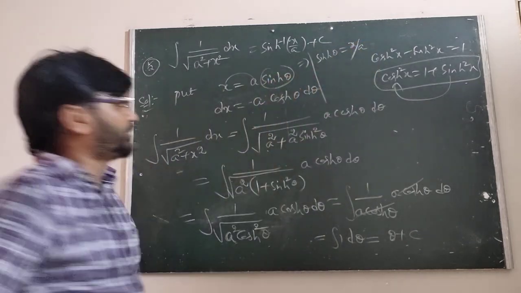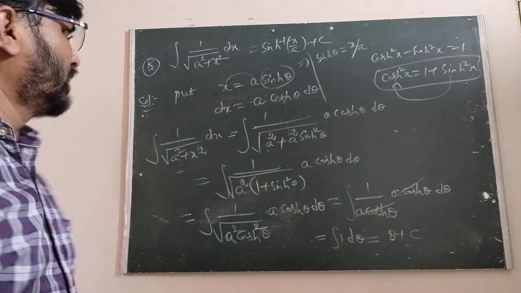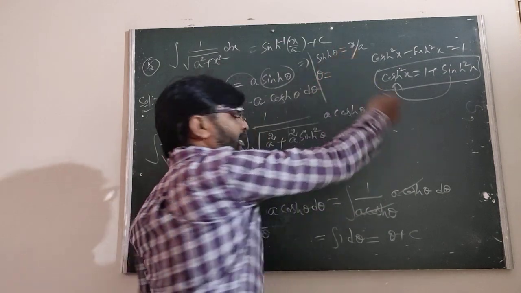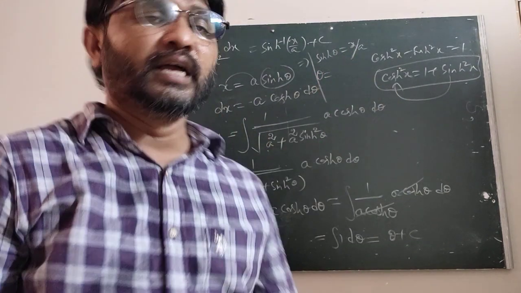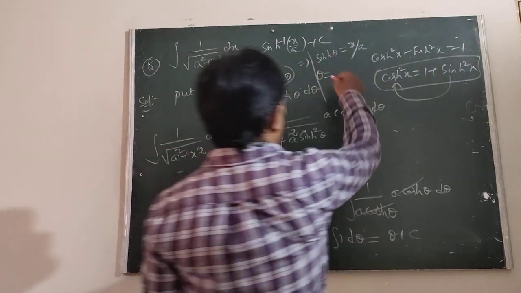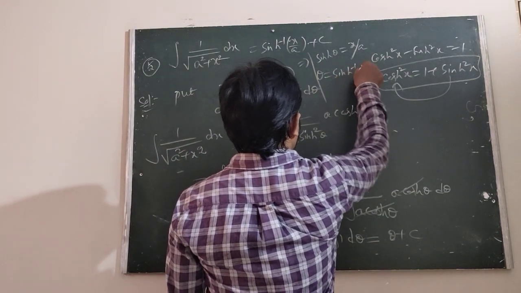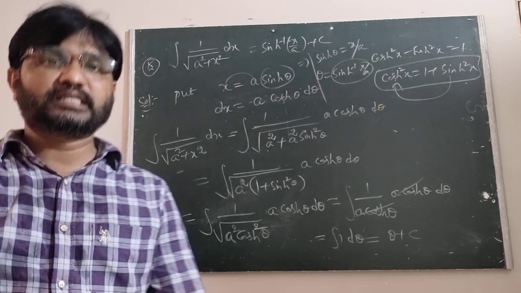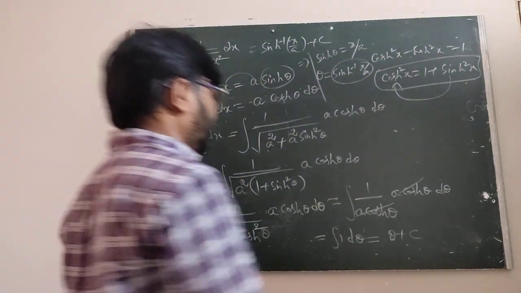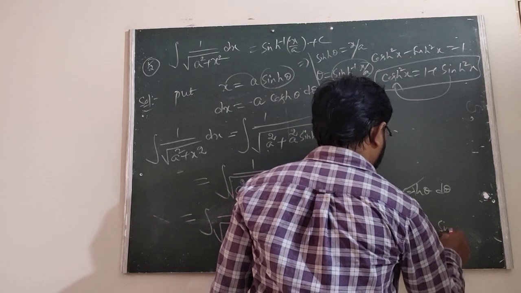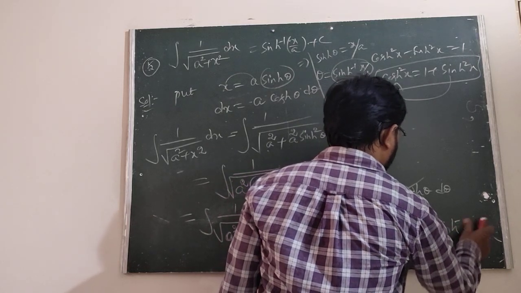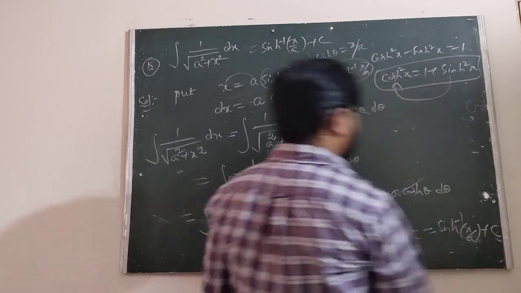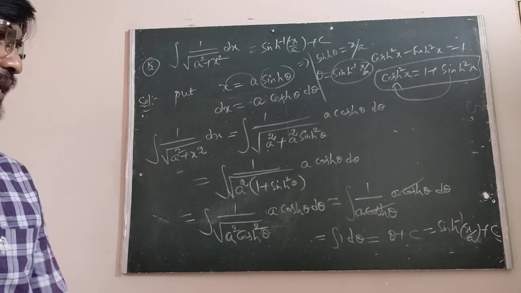Therefore theta equals sin h inverse of x by a. That is, theta is sin h inverse of x by a. Therefore, this is sin h inverse of x by a plus c.